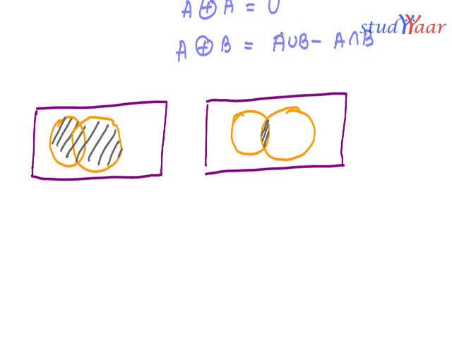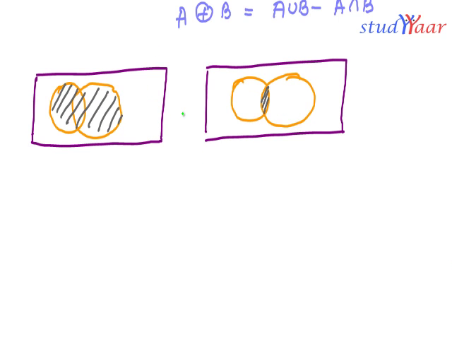Now I am looking at A union B minus A intersection B. So from this whole region, I am subtracting this. Obviously, what am I going to get from this? If I do minus, then I am going to get this.